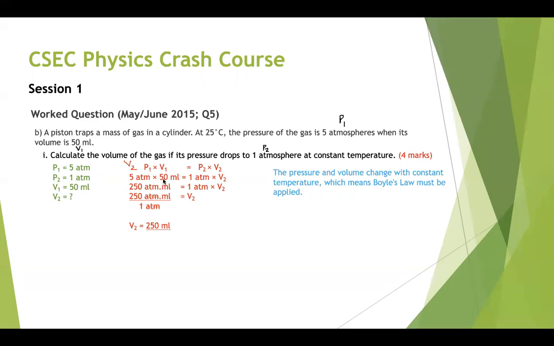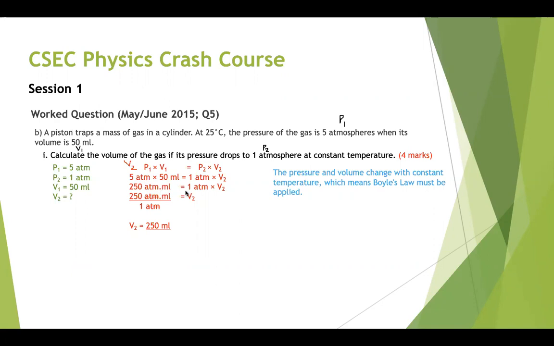So if we plug in the values here, we can simplify this side of the equation because we don't have any unknowns. 5 times 50 is 250. If you want to work with the units straight through, then you can multiply the atmosphere times milliliters. And, you know, when you multiply two units, you can just join them together.